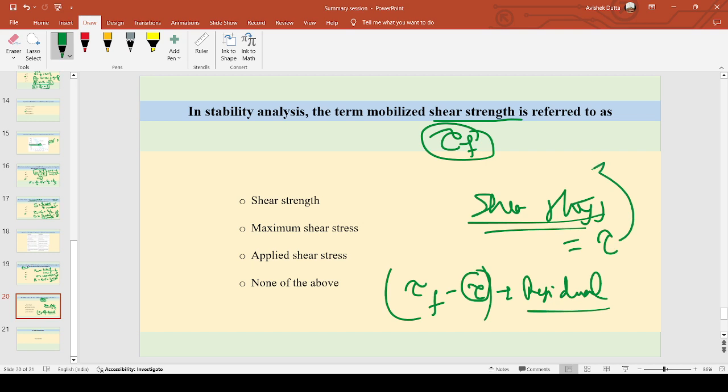So this tau is termed as mobilized shear strength.